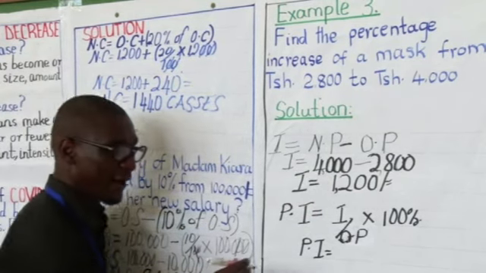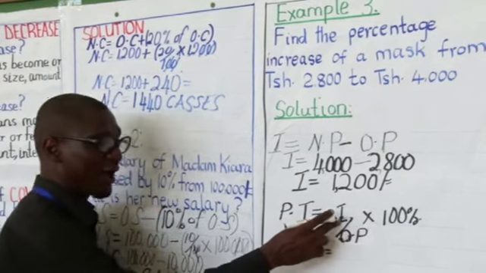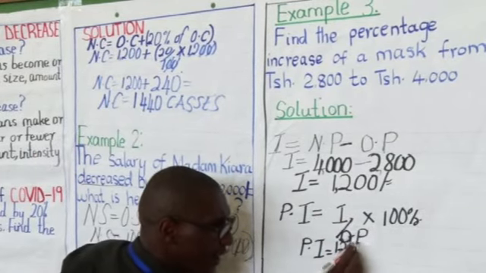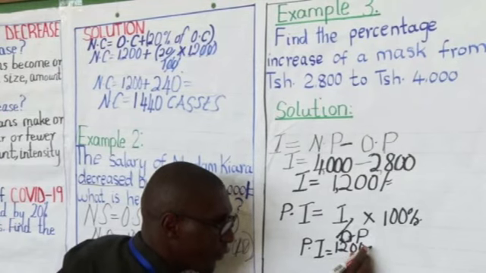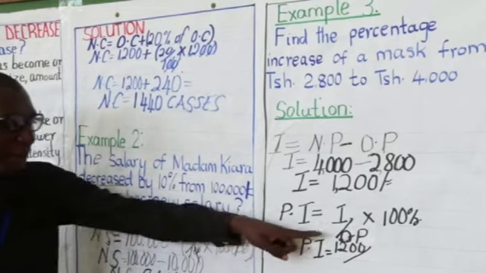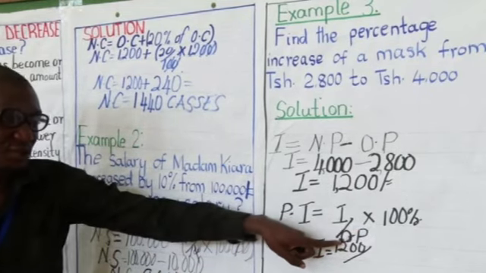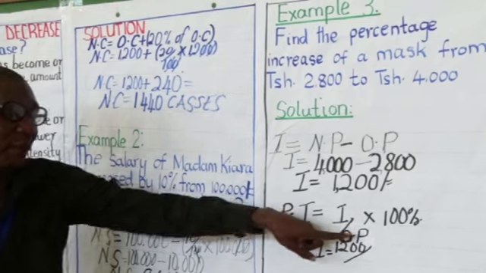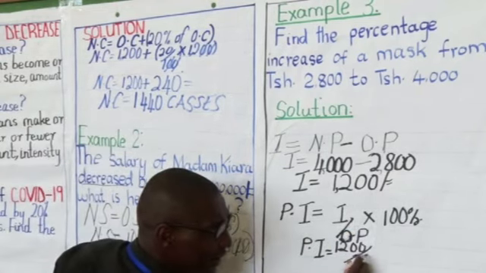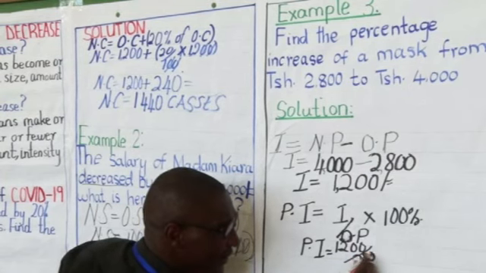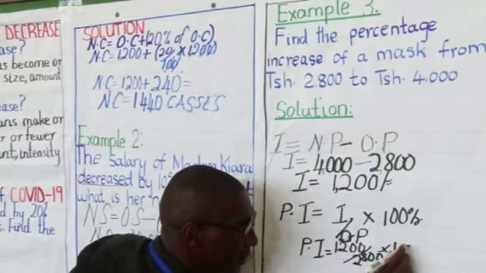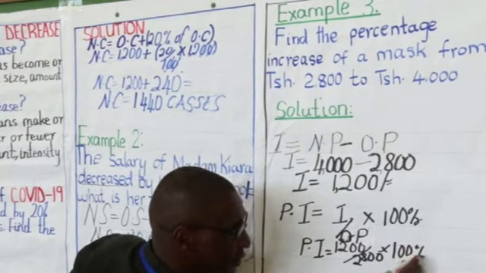We put it over the old price, which was 2,800. Then multiply by 100%.